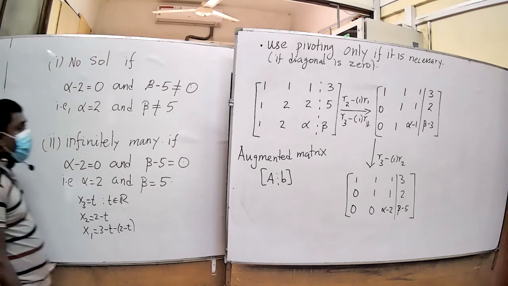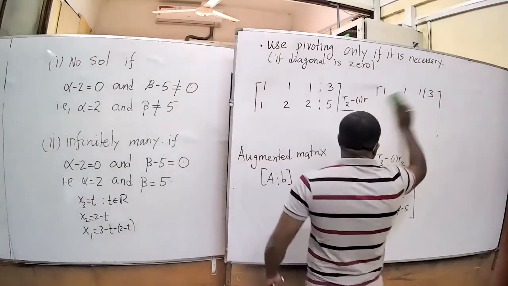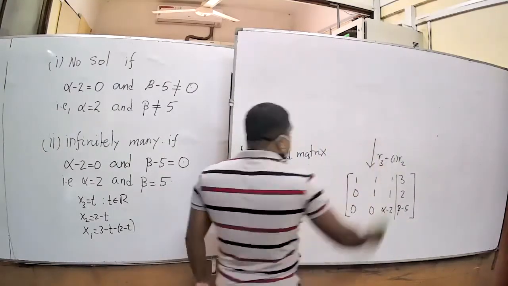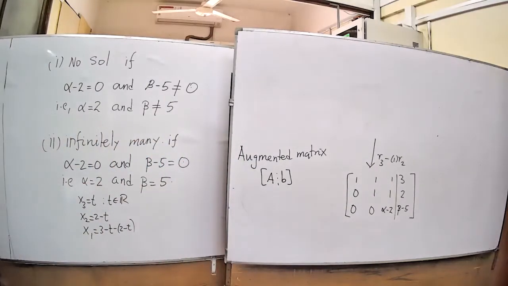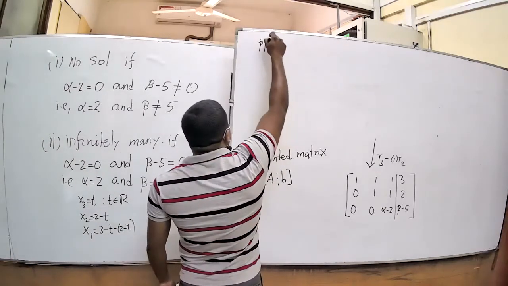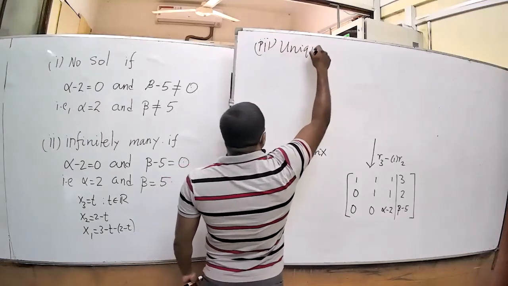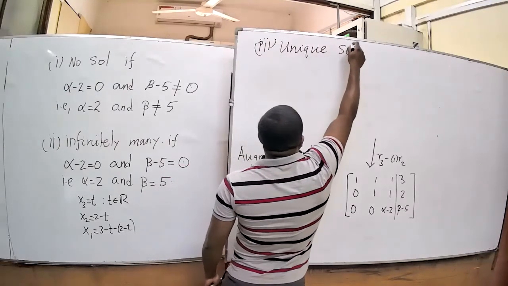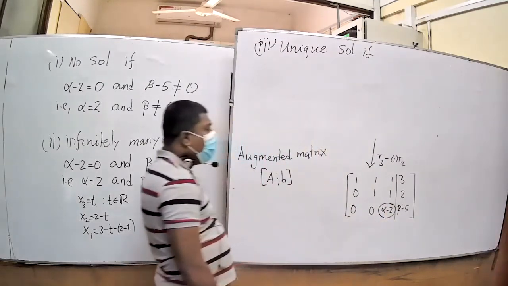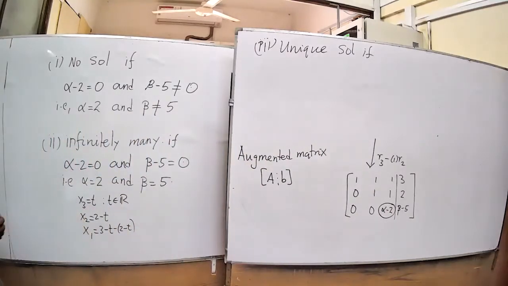Now, the unique solution case. What we say is this: the number of non-zero rows should be equal to the number of unknowns. So for a unique solution, if this row is non-zero, fine.